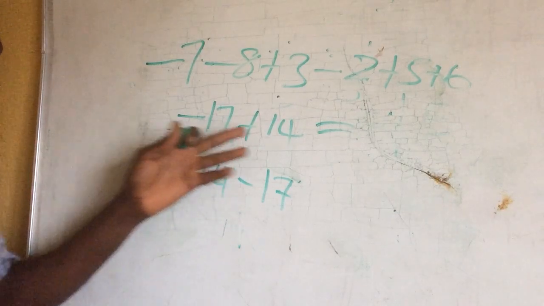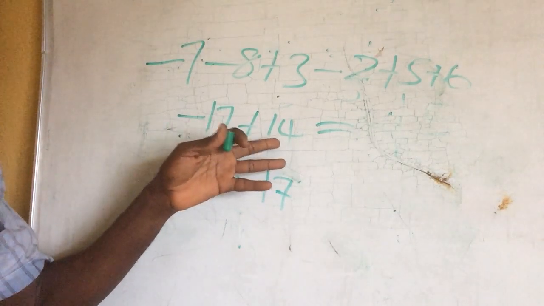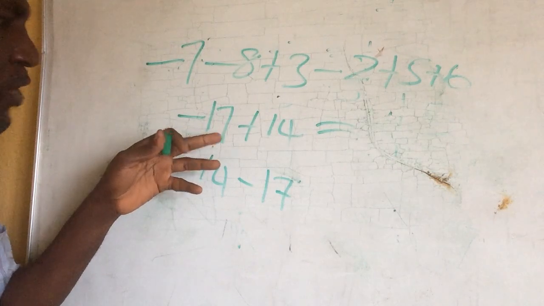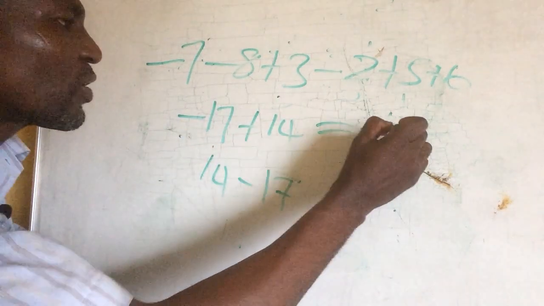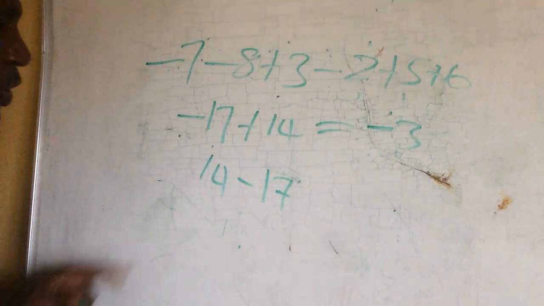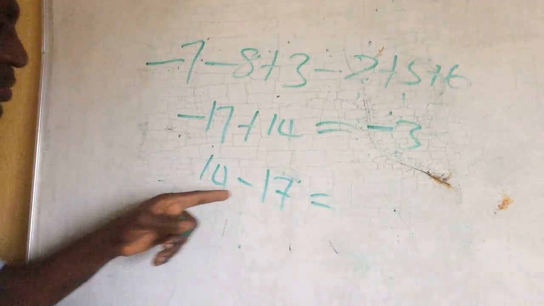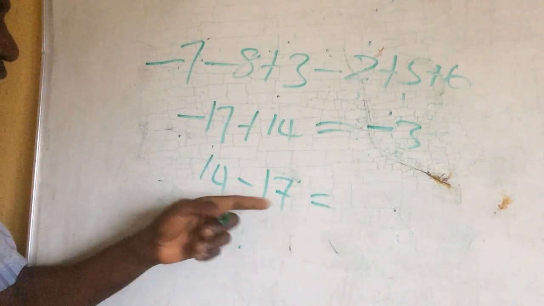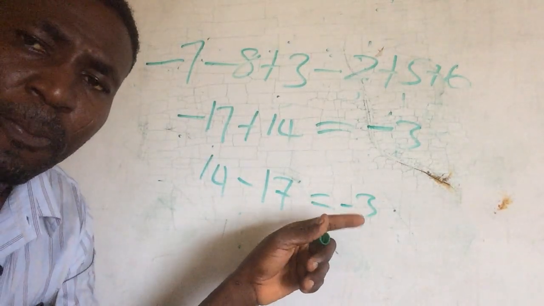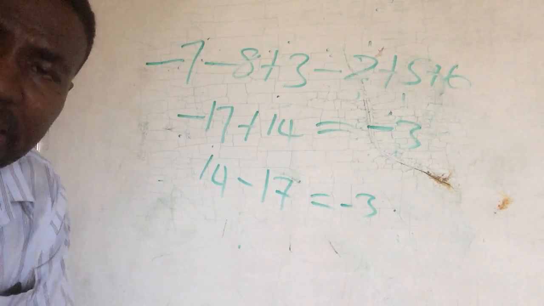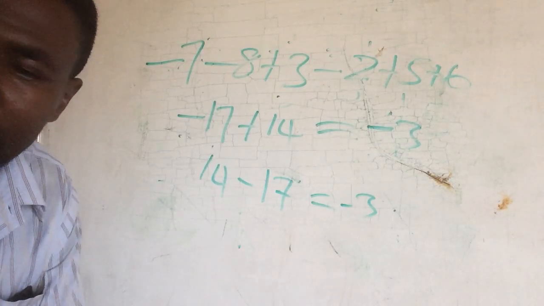So just take away this from here. And remember that this one is smaller than this. So what you just do, take away 14 inside this. What is remaining is minus 3. It is still the same thing: you take away 14 inside here, it will still remain minus 3. So that is all I want to teach.